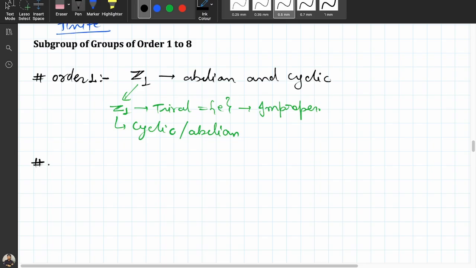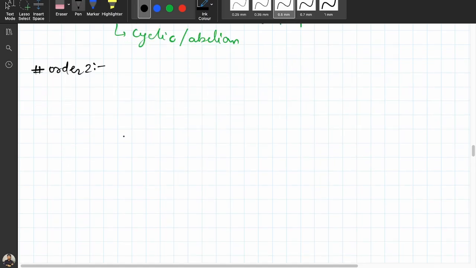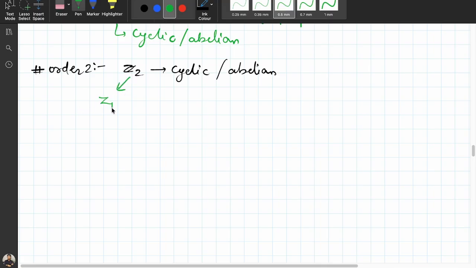Now what about order 2? What are the groups of order 2? That is very simple. You can simply see that it is Z2. We can consider this as cyclic and abelian. So 2 elements are there. First one Z1, that is simply identity, and Z2 itself.